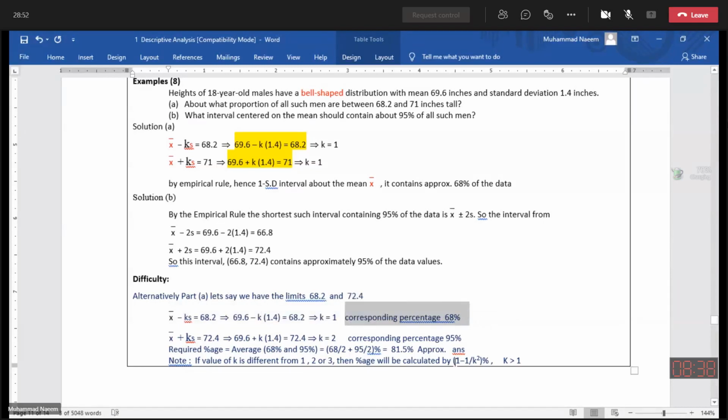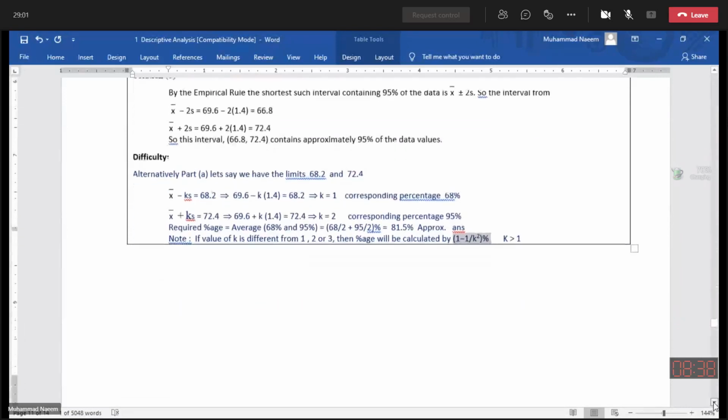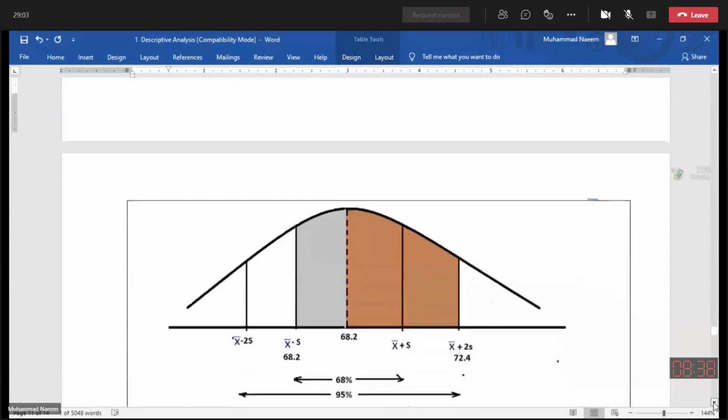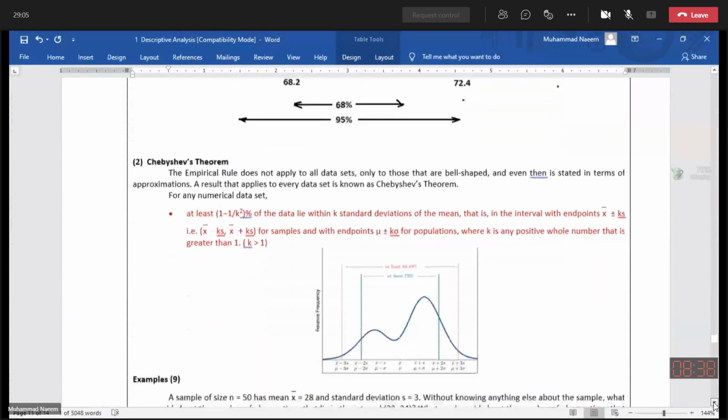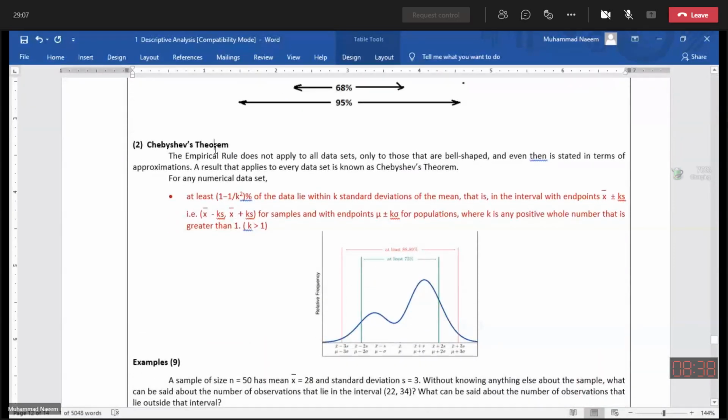We calculate this percentage with this formula. This happens in the Chebyshev theorem, when the distribution is not necessarily normal.